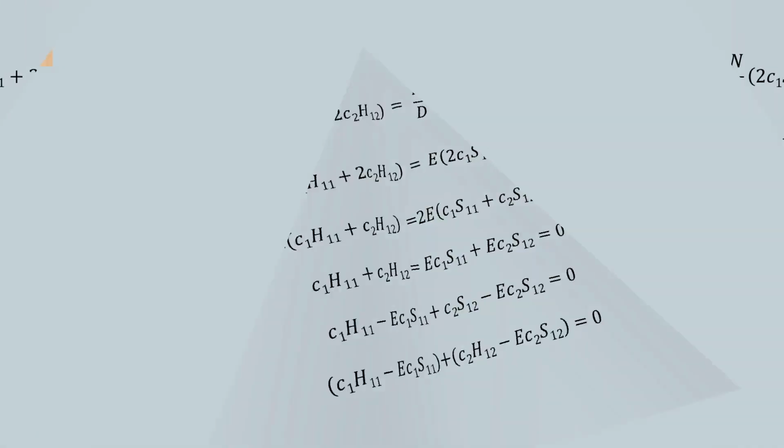Now take out the coefficients C1 and C2 in common, and we arrive at the equation C1(H11 minus ES11) plus C2(H12 minus ES12) is equal to 0.